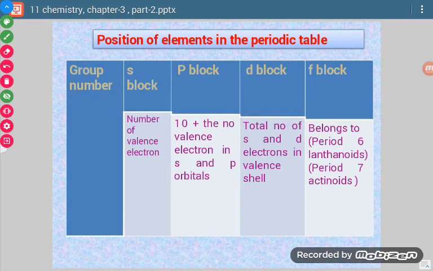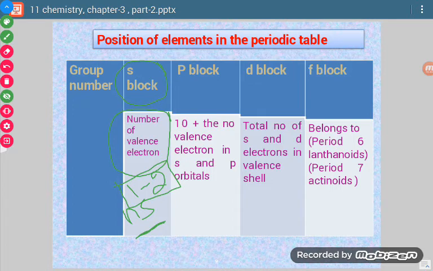Now how to find the group? Suppose we have checked that our element belongs to s block, then we need the number of valence electrons. For s block, the valence shell is ns 1 to 2. So I have to check the ns orbital in the electronic configuration where n is maximum value, and see how many electrons are there in this orbital.